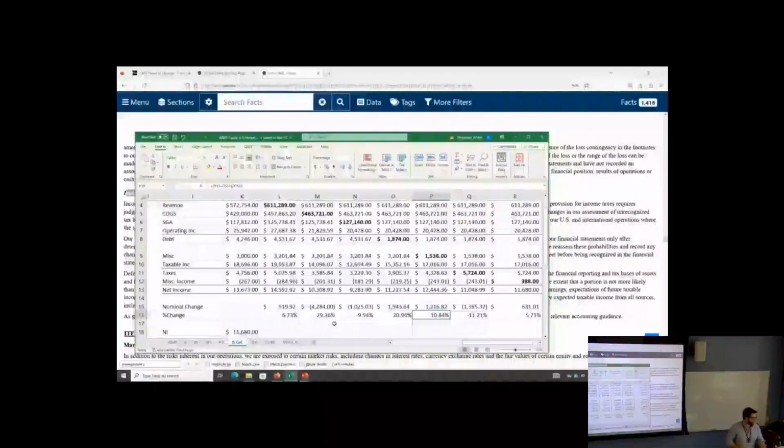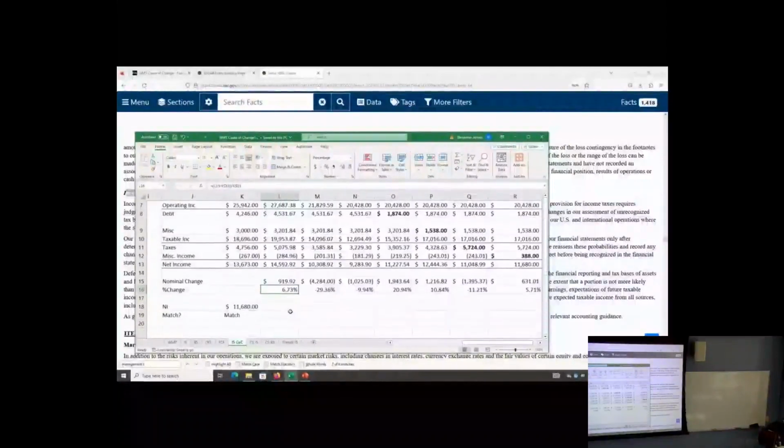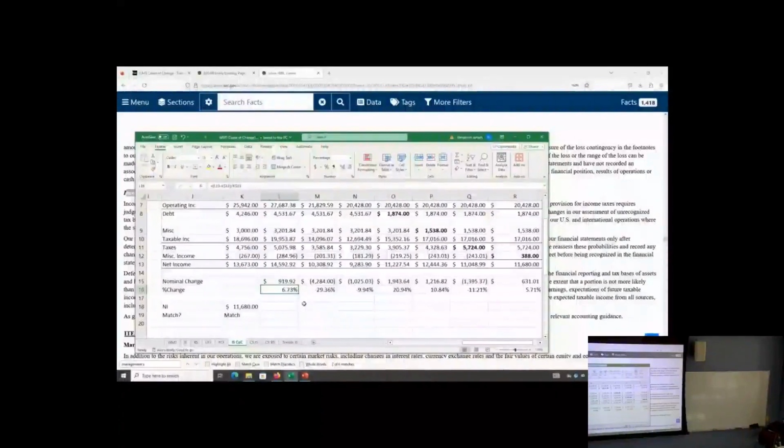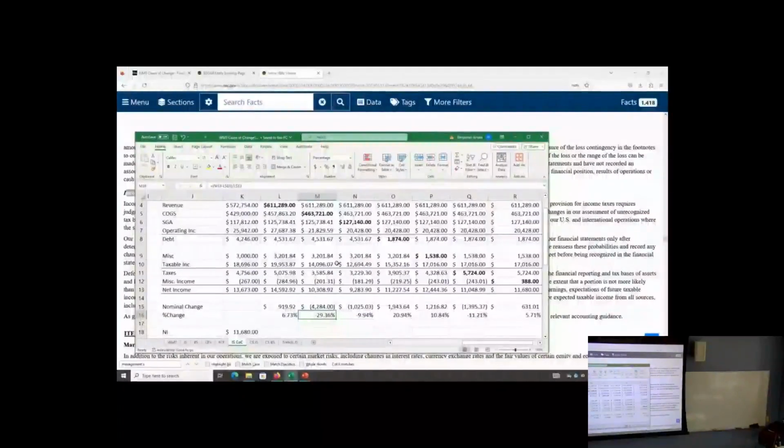So revenue did increase. We saw a 6.73% increase in net income because of this growth in revenue, but that was a mix of inflation and increased sales. The largest change was from an increase in the cost of goods sold, and they made the argument that inflation also affected their costs. They had purely higher input costs.